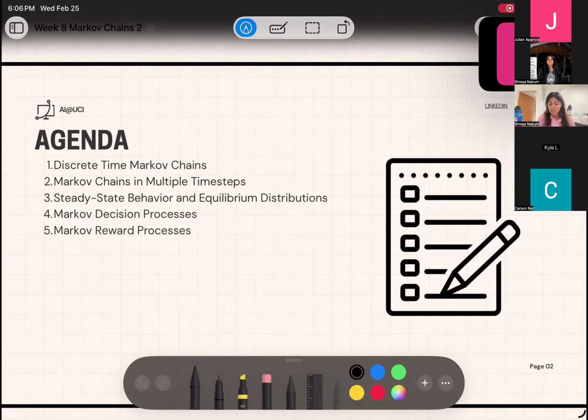Then steady state behavior and equilibrium distributions, which is basically after a very long time, some Markov chains will end up having some probabilities that each state takes, regardless of where you start from, regardless of which time step you're at. And then we're going to end up with MDPs and MRPs, which are our real lead into reinforcement learning, sort of an intro to that before we go deeper next week.